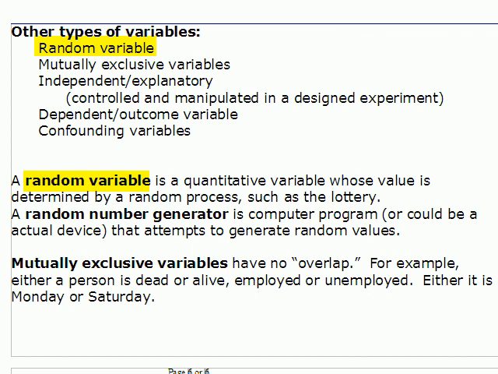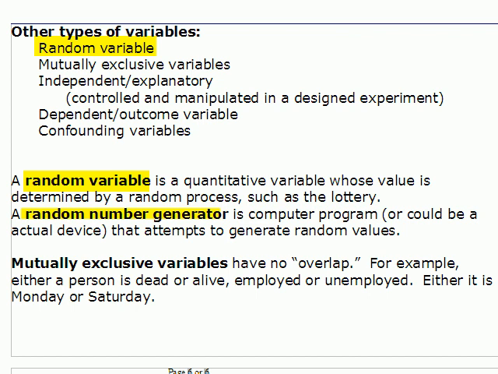There's also something called a random number generator, which is a program on your computer or your calculator, and there are actual devices that are random number generators, and they attempt to generate random values. There's an algorithm associated with it, so they're never truly random, but we usually say good enough. So that's a random variable, something that would happen through a game of chance. Sometimes we need a random variable to do something with, and that's when we use a random number generator.